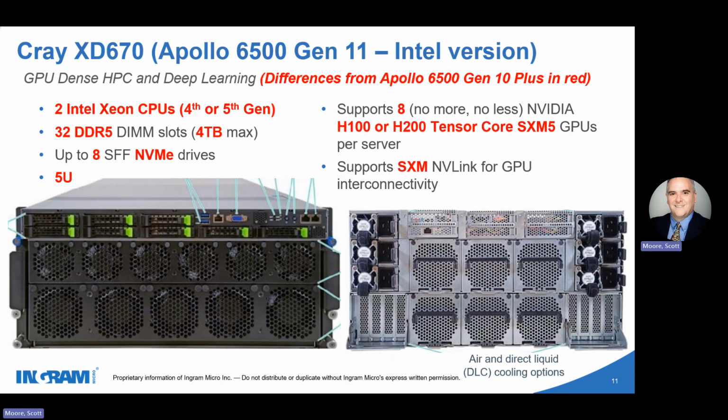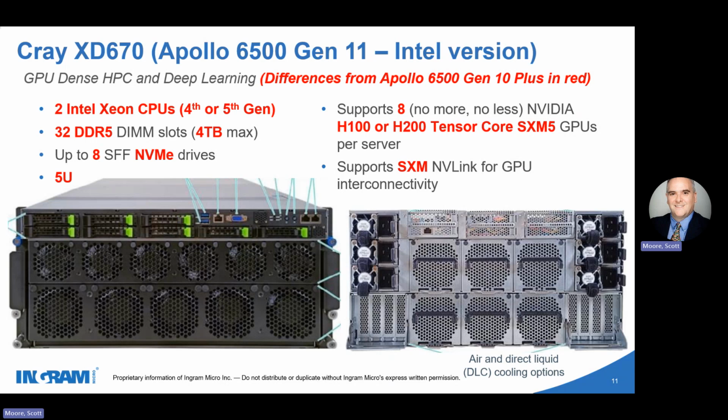The Apollo XT 670 supports 8, no more, no less, NVIDIA H100 or H200 Tensor Core SXM5 GPUs per server. The SXM NVLink is for the GPU interconnectivity in this box. This box is also available in air-cooled and direct liquid cool models.